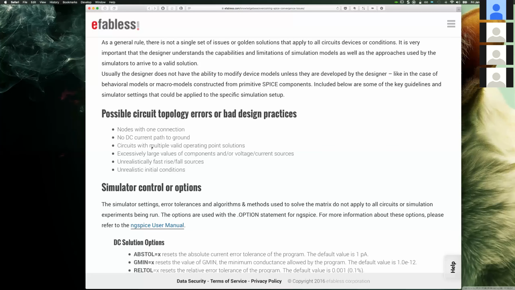Now, the circuits with multiple operating points are interesting because you can have valid, stable operating points in a circuit, which happens a lot in these reference circuits. Depending on what simulation you're running, you end up converging to a solution that is valid mathematically but not valid physically, or both.